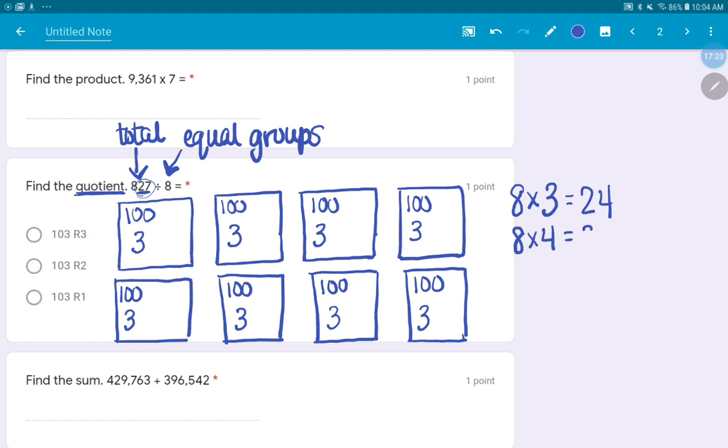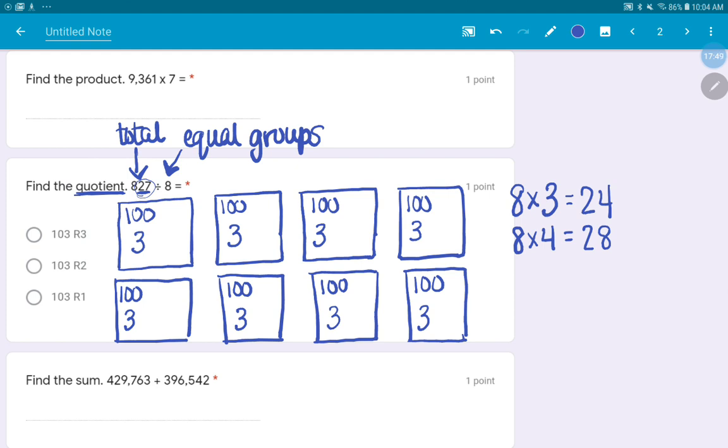Okay. If you did 1, it would just be 8. Then you'd have to go around again. So let's think about this for just a second. Could I give each one of my groups another one? Why not?